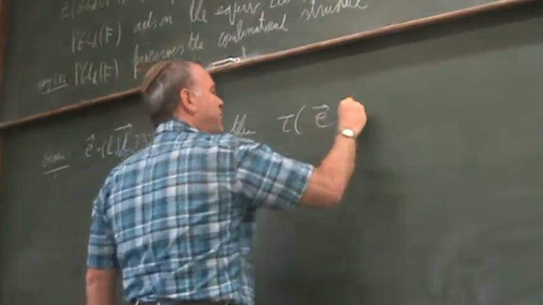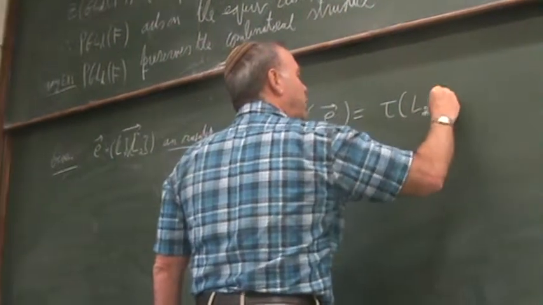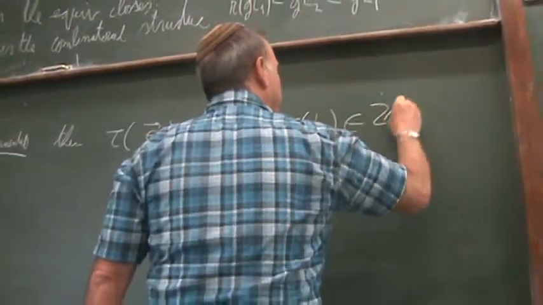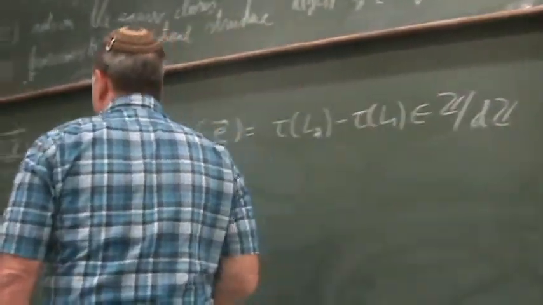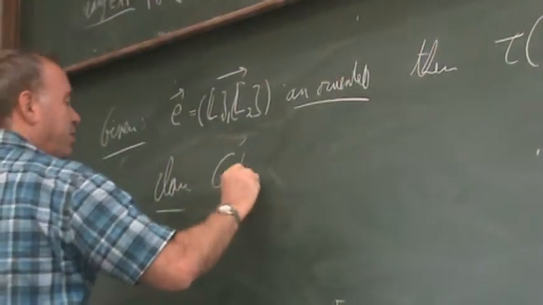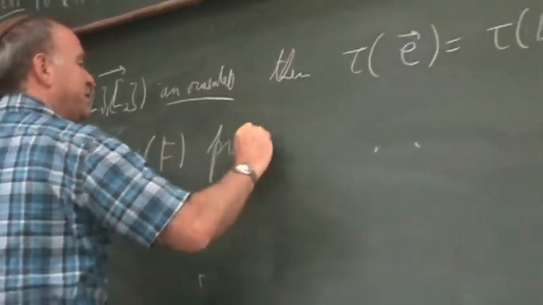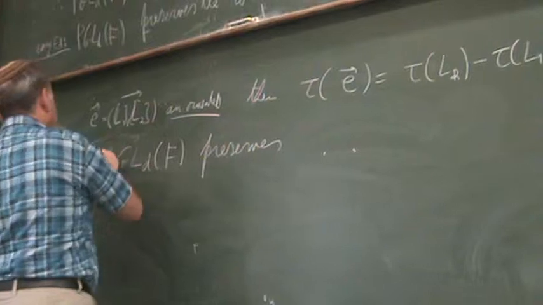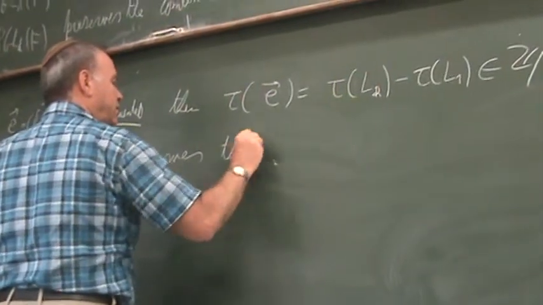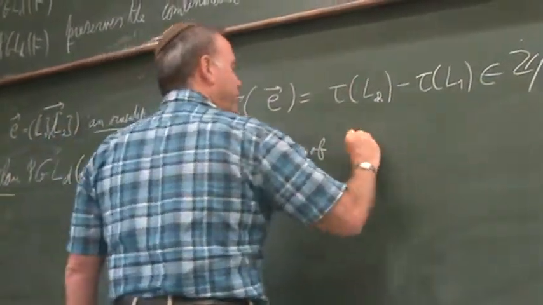we take it by definition to be the tau of L2 minus tau of L1 as an element of the group G mod dZ. And then the claim, which follows immediately, is that PGL_d(F) preserves the coloring of oriented edges.